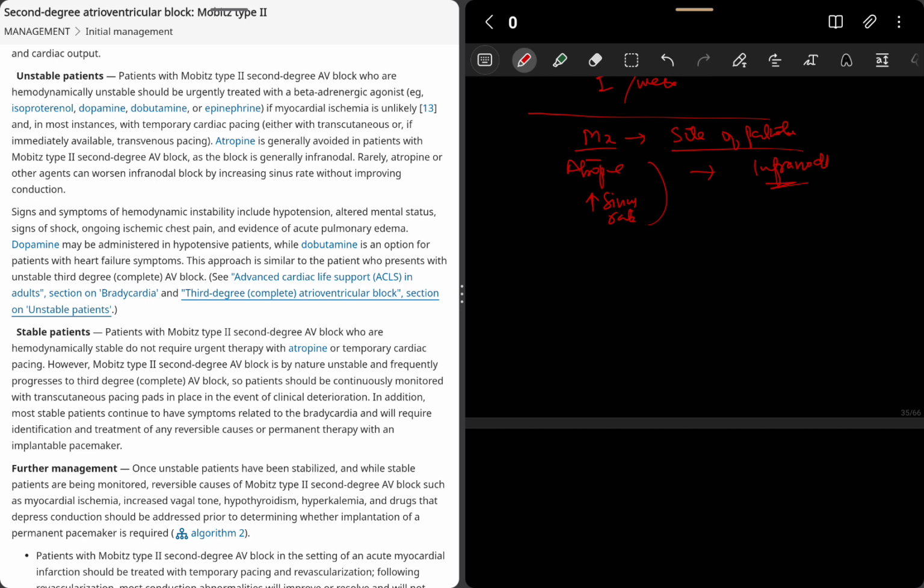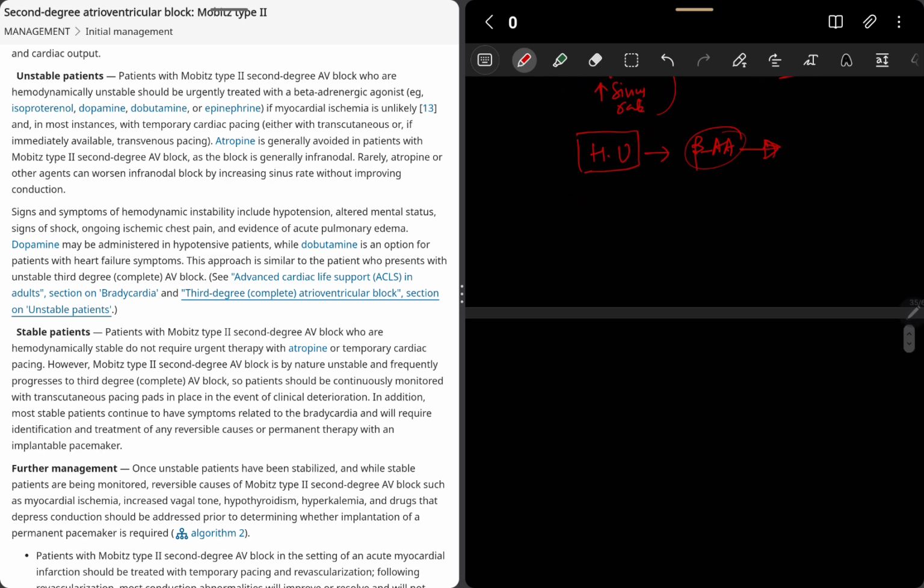So how do we treat this condition? If the patient comes in a hemodynamically unstable condition, then it should be urgently treated with beta adrenergic agonists, provided myocardial ischemia is absent, because otherwise you are going to increase the workload of the heart and the patient goes more towards an ischemic state.